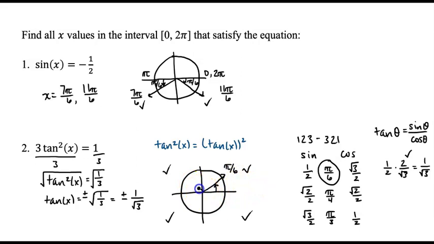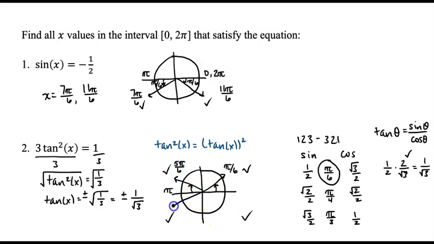If I've got an angle of pi over 6 in the second quadrant as my reference angle, then I'm taking pi and going clockwise, I'm subtracting pi over 6, and that's going to give me 5 pi over 6.